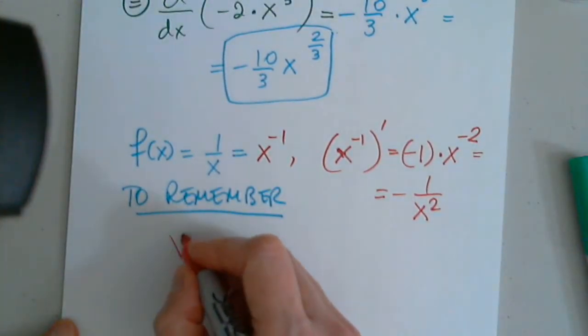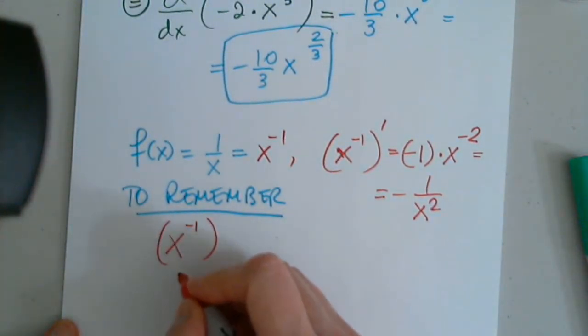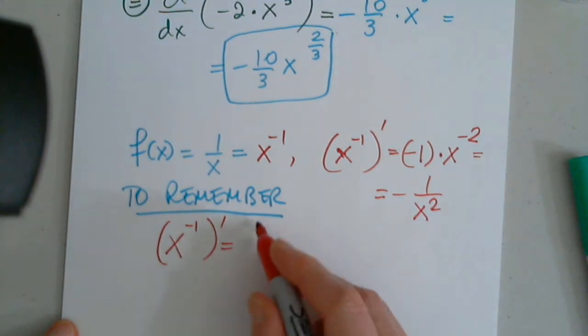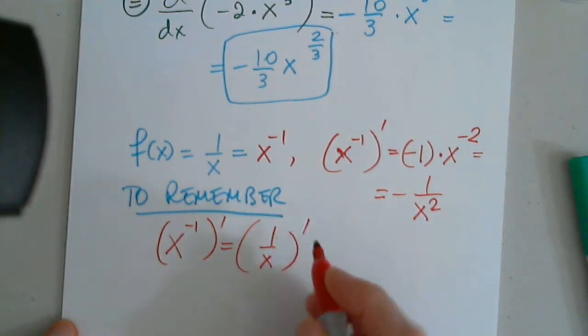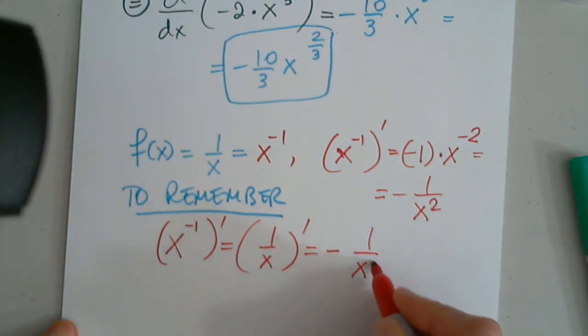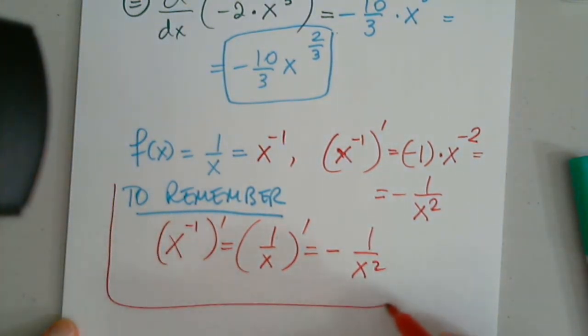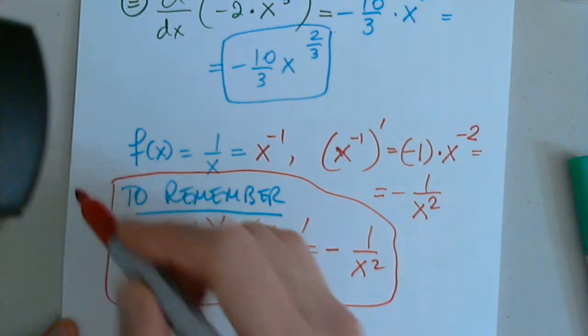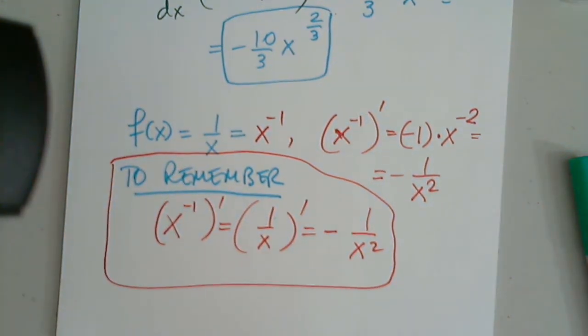So to remember, x to -1 prime or 1/x prime, the same thing because these are the same. The answer is -1/x². This has to be carved in stone. Please. So we don't have to go through this many times. Unless we have to, we have to. We'll do it. But I'm hoping that moving forward, you understand the steps.